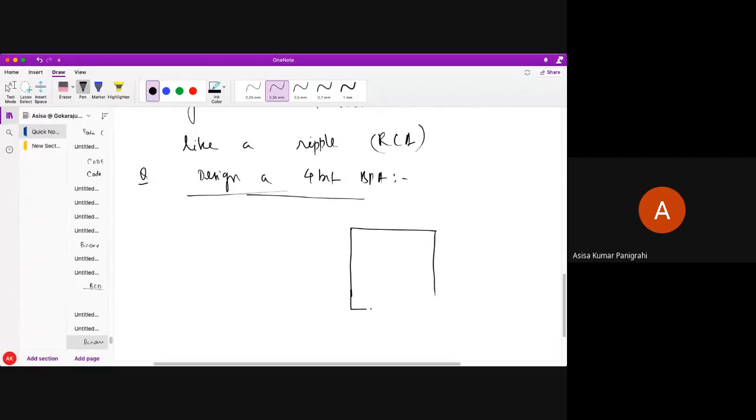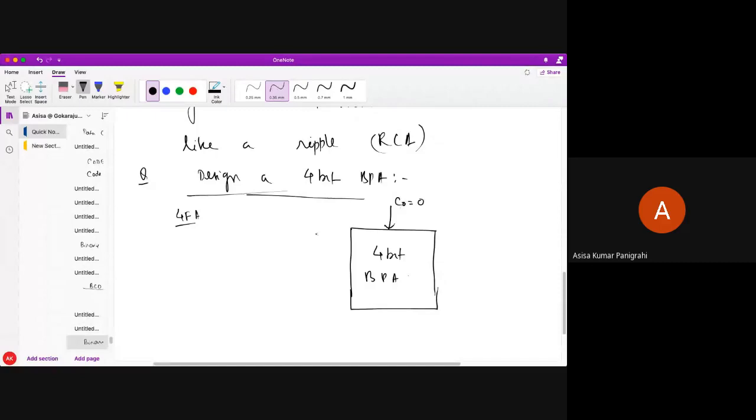Okay, let's say this is my 4-bit binary parallel adder. As I told you, if I'm going to design with all 4 full adders, what I have to do? I require one extra carry, let's say C0, which is always given as 0.